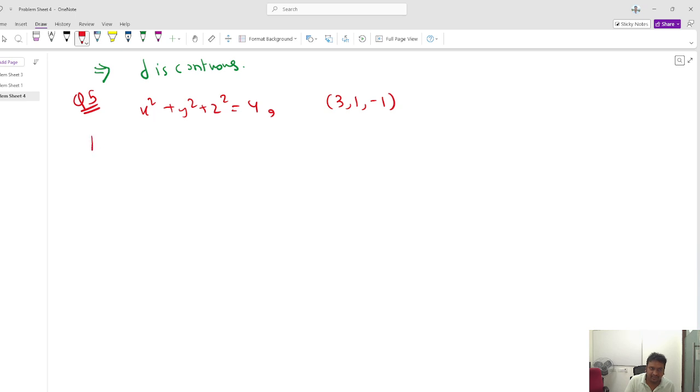So how do you do it? You take any point on the sphere, right? Let (x, y, z) be an arbitrary point on g(x, y, z) equal to... I should not say graph. Let me just write the full thing.